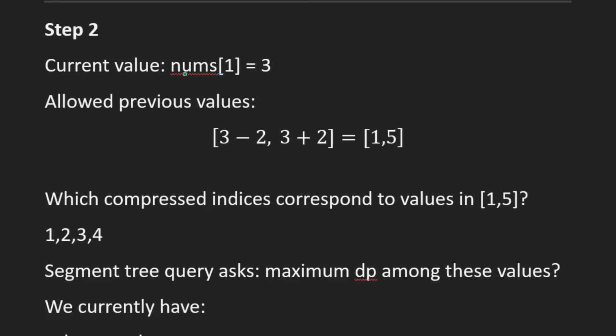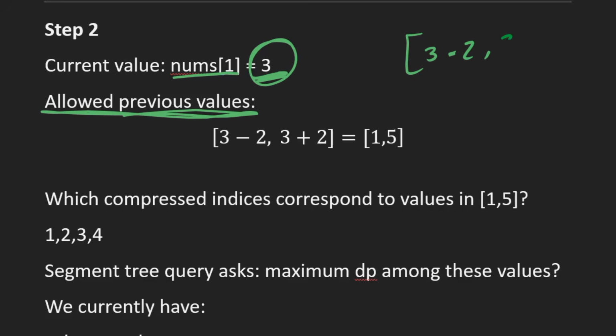Now at the next step we have nums of 1, which is 3. So for 3 we will be finding the range of the previous values. So 3 minus k and 3 plus k. So the range of previous values is 1 to 5.